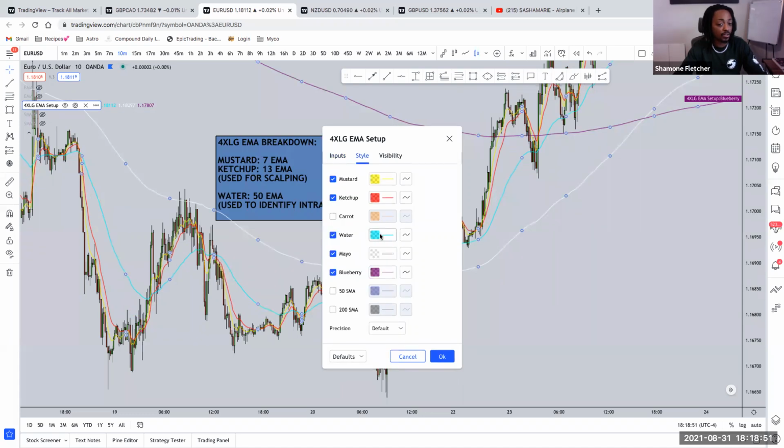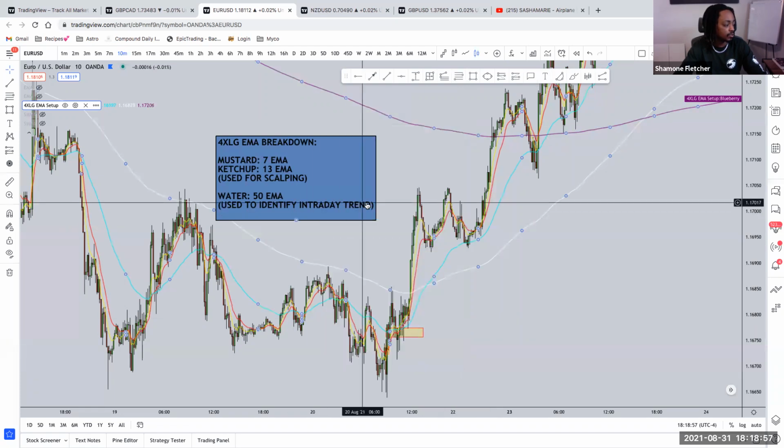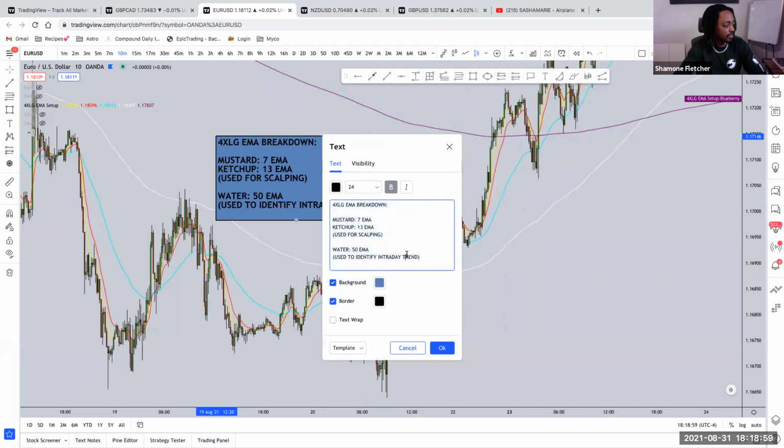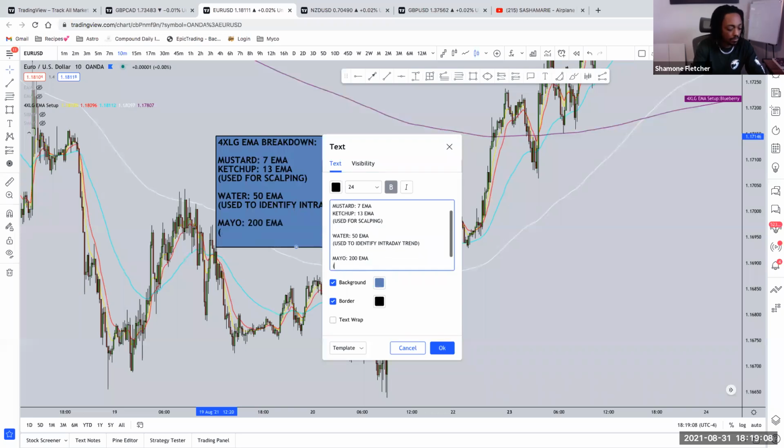So then you'll see water is the next one that we need. Mayo is the 200 moving average, right? 200 exponential moving average. Let me get that added in here.